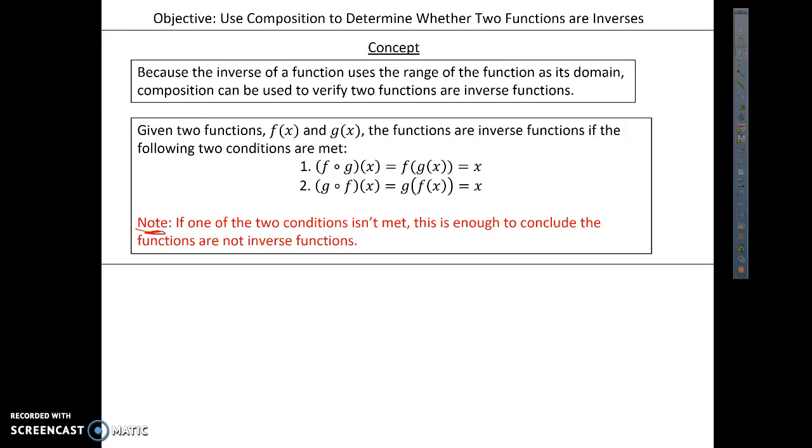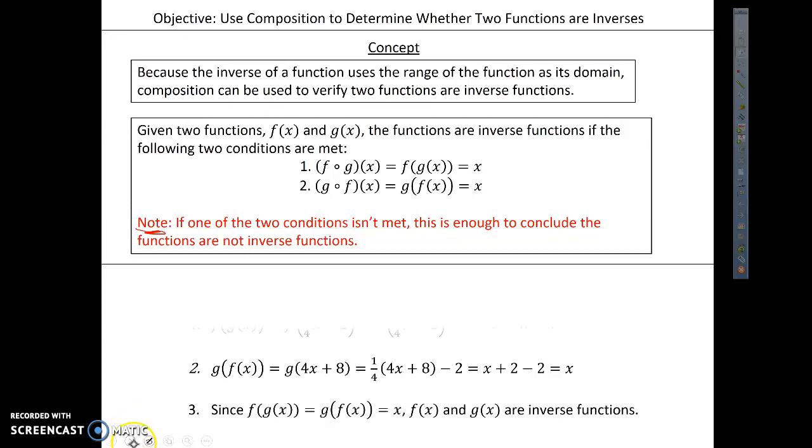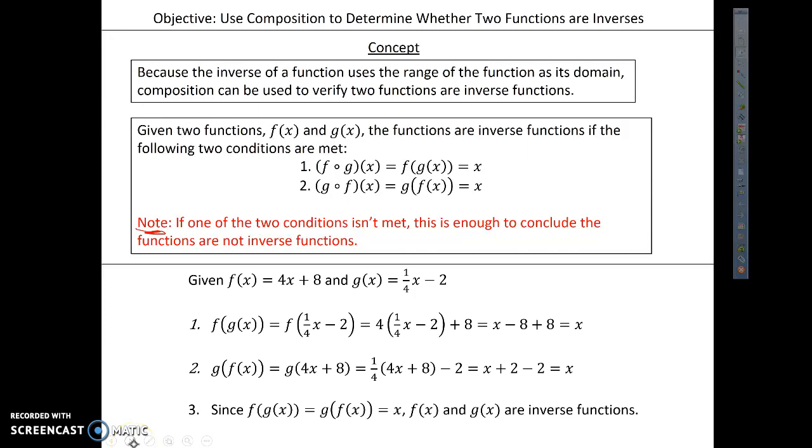And here's an example of how that would look. If I have the function f of x equals 4x plus 8 and g of x equals 1/4 x minus 2, we want to see, are these functions inverses of each other? So we can use composition notation to see if we get x as an output.